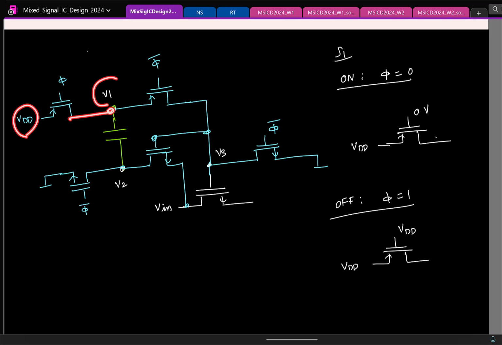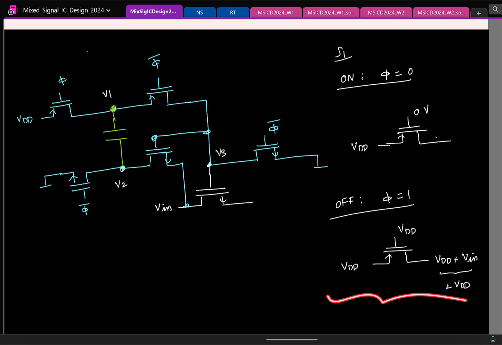But this side is connected to V1. And V1, when phi is high, is connected like this. So what will this go to? This will be at VDD plus Vin, right? Because that is what is controlling the gate here. So this is going to VDD plus Vin, and this can go as high as 2 VDD, right? So what will happen to this transistor now?